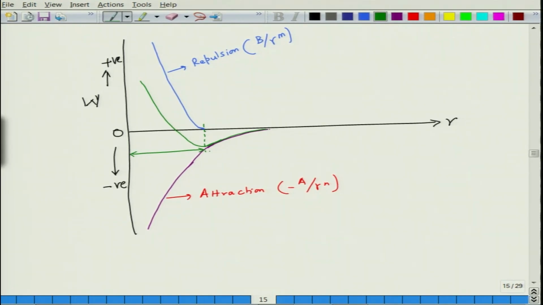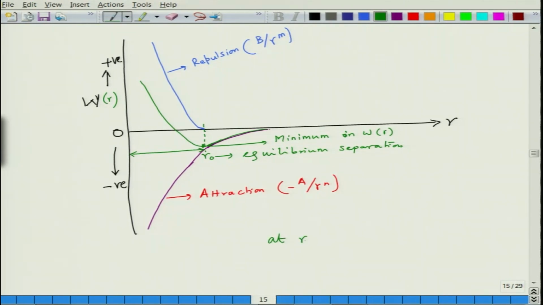So, roundabout at the point where repulsive forces also weaken is the distance r naught, which is the equilibrium separation, and this is where potential energy is minimized. This is the minimum in W(r), which is W as a function of r, which gets minimized at this particular point.